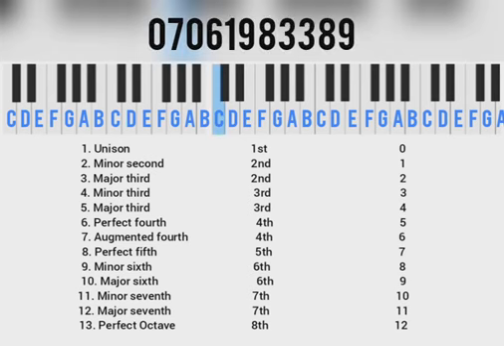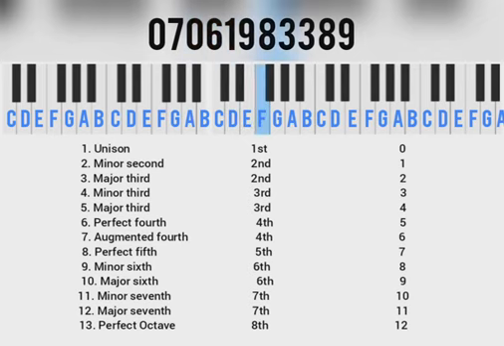C is called unison. I'm going to skip one. D is called major second. Don't forget, I said the positions or the numeric values are first, second, third, fourth, fifth, sixth, and seventh. So first, unison. Second, major second. Third, major third.